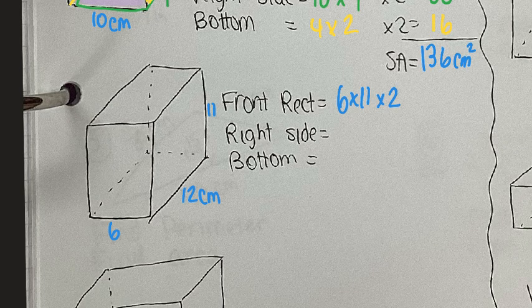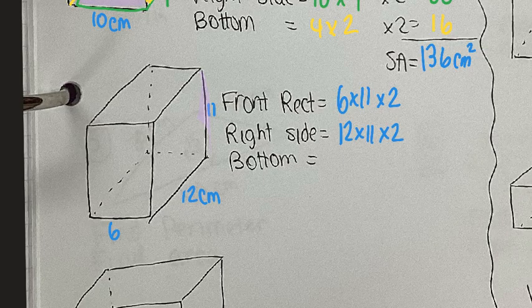Okay, the right side. The right side is this rectangle, length and width, length and width, and there's a left side, so we're going to double it. Okay, next we want the bottom.